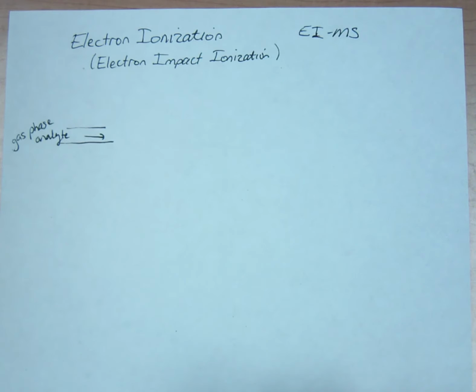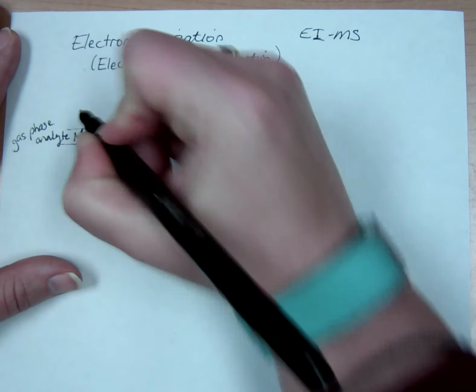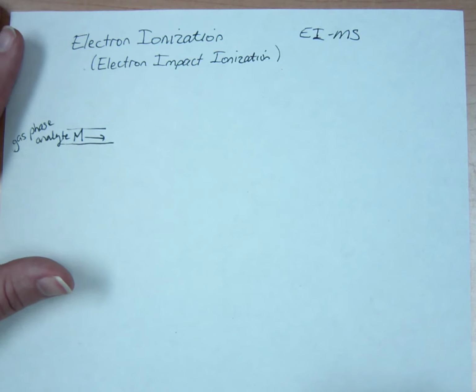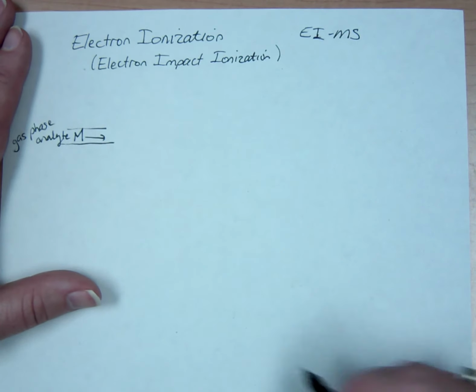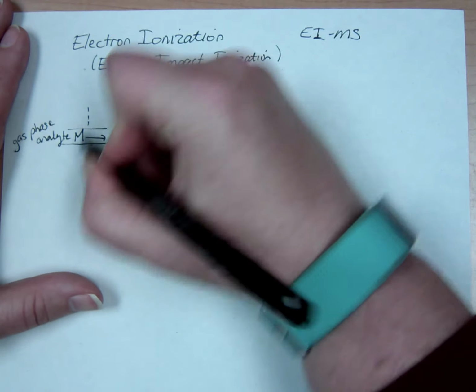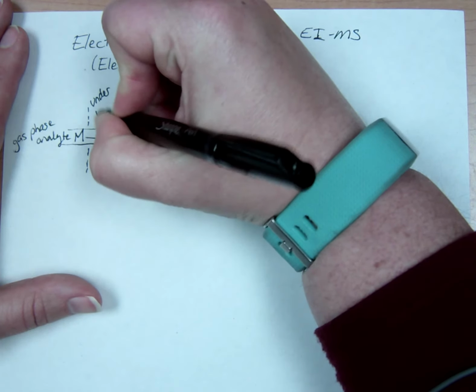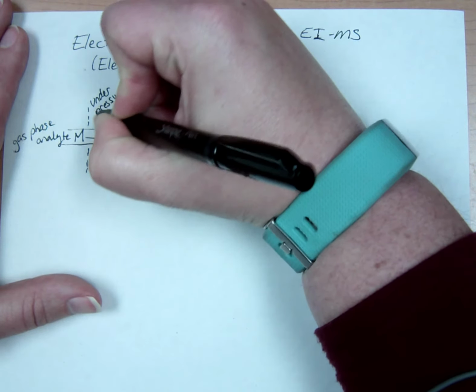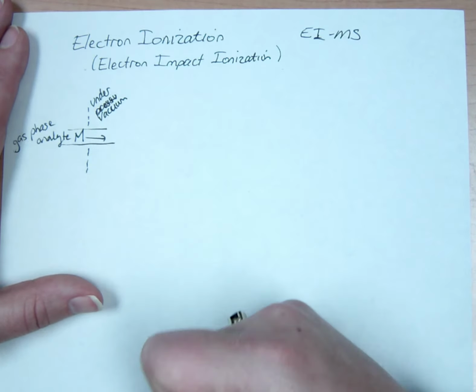So we already have gas phase analytes coming in, and I'm going to label these as M for our molecule. Our little M comes in, and we now come into an area that is under low pressure or vacuum.